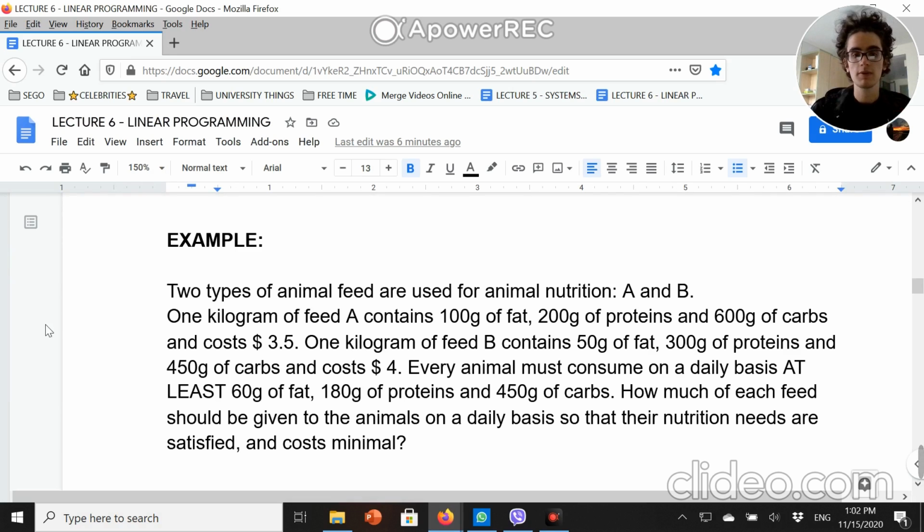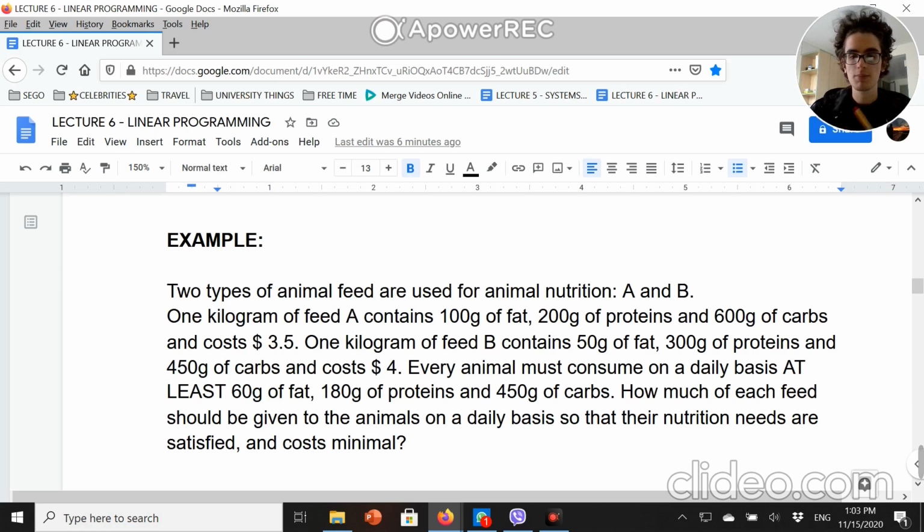Two types of animal feed are used for animal nutrition, A and B. 1 kilogram of feed A contains 100 grams of fat, 200 grams of proteins, and 600 grams of carbs, and costs $3.5. 1 kilogram of feed B contains 50 grams of fat, 300 grams of proteins, and 450 grams of carbs, and costs $4.